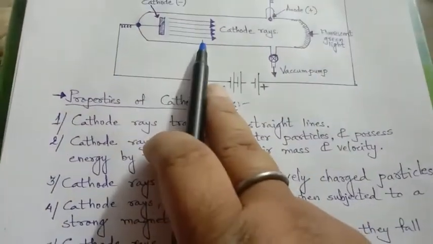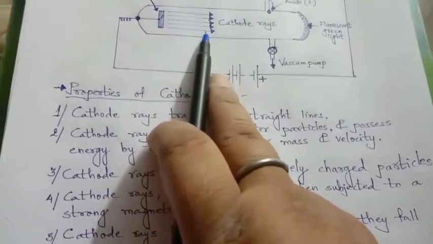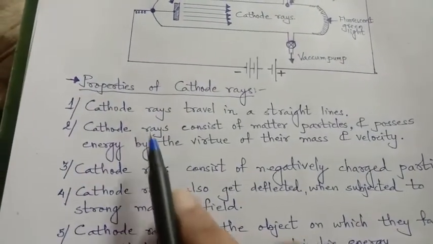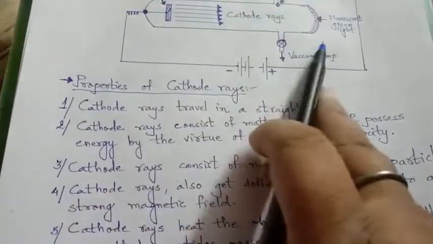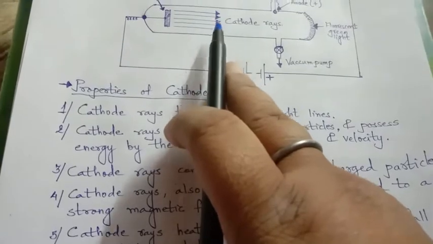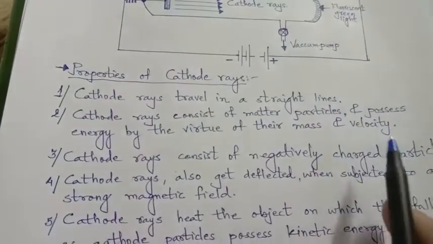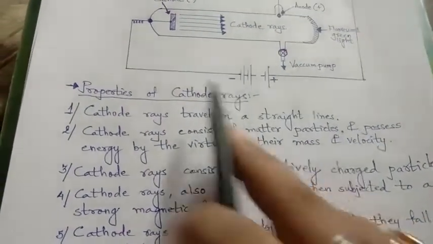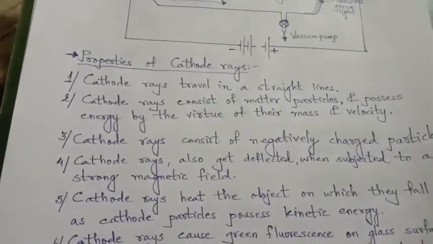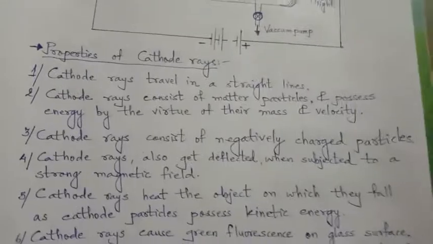These rays have some particles, and these particles have the energy of movement because of their mass, whatever mass they have, and the velocity, that means how far they are able to travel or be in motion. Because we know what velocity is.